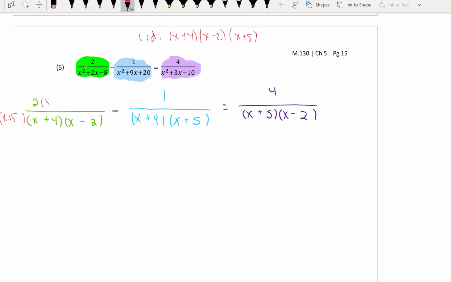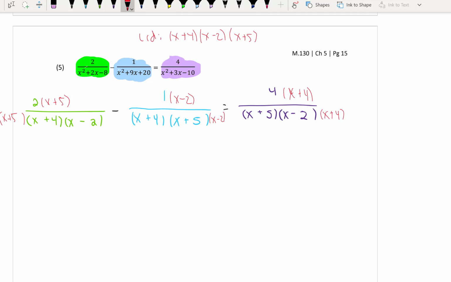So I'm going to multiply top and bottom by an x plus 5. My blue fraction looks like it's missing an x minus 2. So top and bottom gets multiplied by an x minus 2. My purple fraction, it looks like an x plus 4 is missing. So top and bottom get multiplied by an x plus 4.